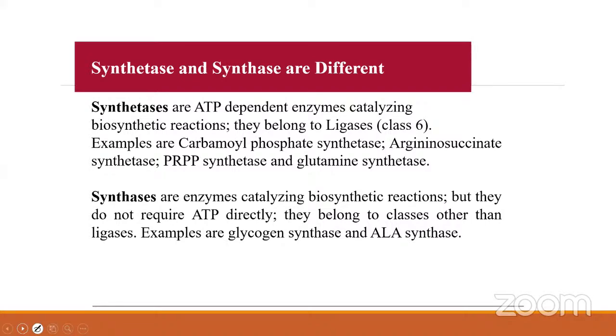But synthases also catalyze biosynthetic reactions, but they do not require ATP directly. They belong to classes other than ligases. You will learn the difference in your future classes, I just mentioned it. Synthetases require ATP, and synthases don't require ATP.